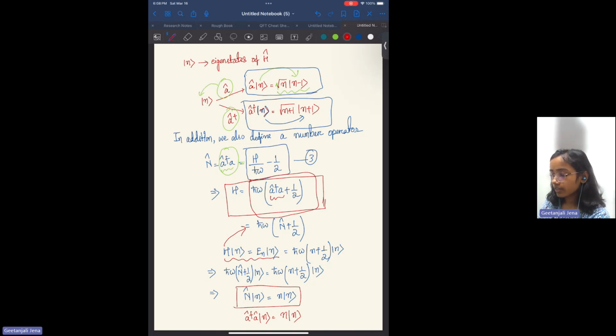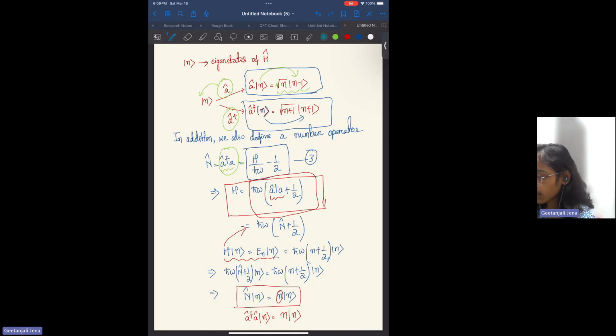Now if you compare the left hand side and right hand side, you can see the action of the number operator doesn't change the state of the system. It only gives the eigenvalue n and keeps the eigenstate unchanged. So that means the state n is an eigenstate of the number operator with eigenvalue n.